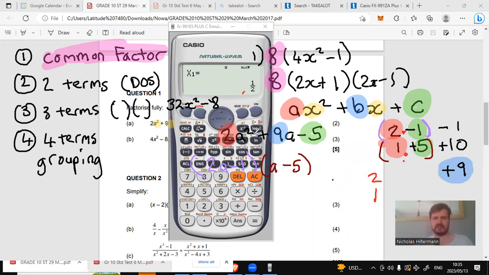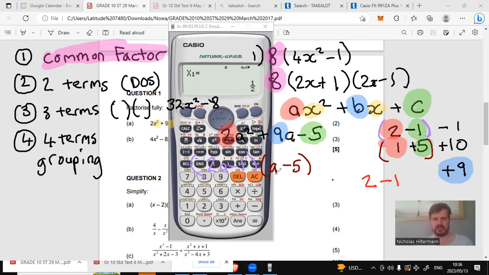That's the first bracket, remember, 2 and 1. And then the next one is, because it's a half, it's minus, isn't it?